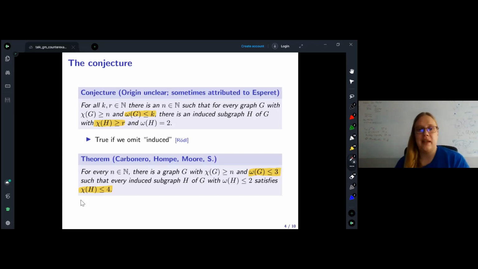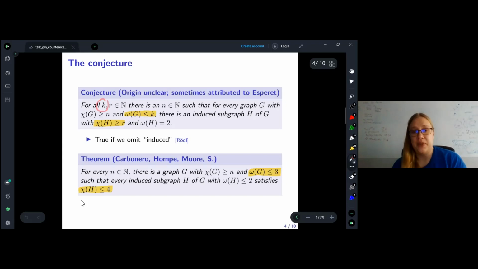And more precisely, if I tell you a bound on clique number and a chromatic number that I want to get in a triangle-free induced subgraph, then there is a chromatic number I can prescribe for G, such that if I have G and it has chromatic number at least that number n and clique number at most my fixed bound k, then some induced subgraph H of G is triangle-free and has chromatic number at least r.